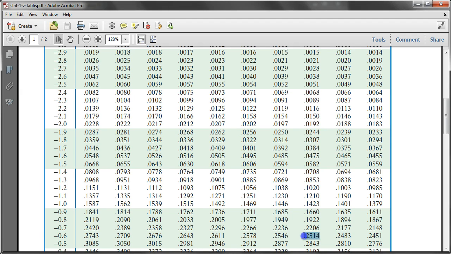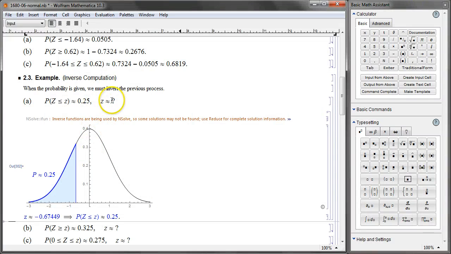So negative 0.67 and then negative 0.68. 0.25 is somewhere in between. So I'd like to estimate it's negative 0.65. No, excuse me, negative 0.675, because this is negative 0.67, negative 0.68, somewhere between.